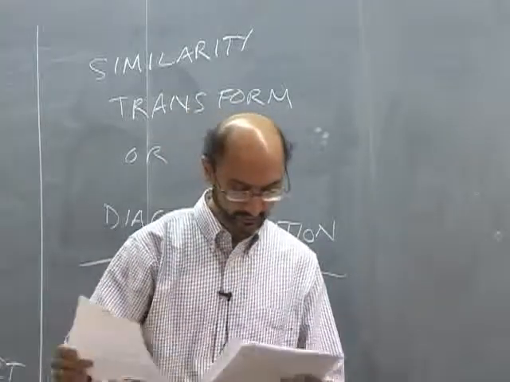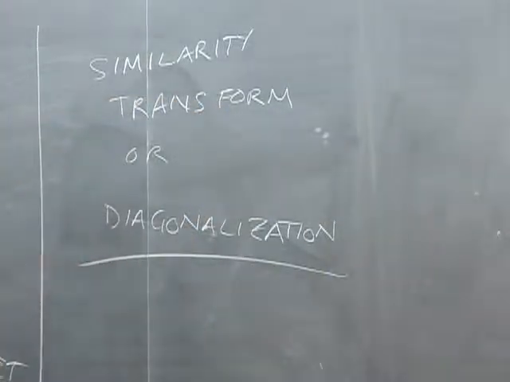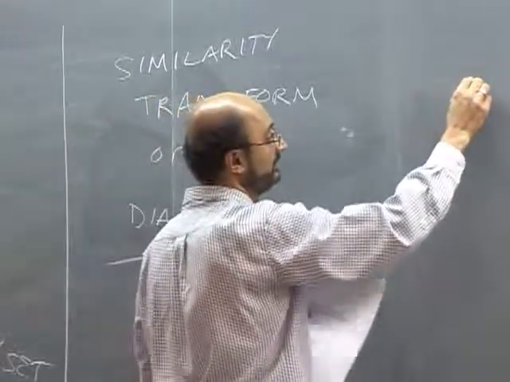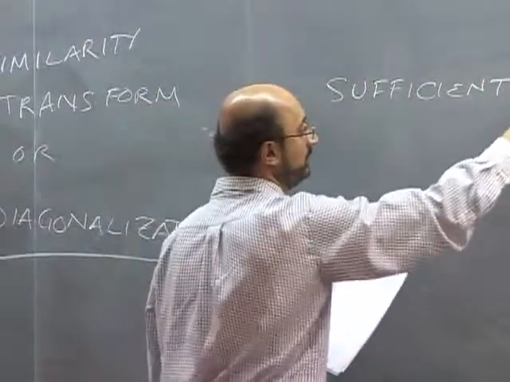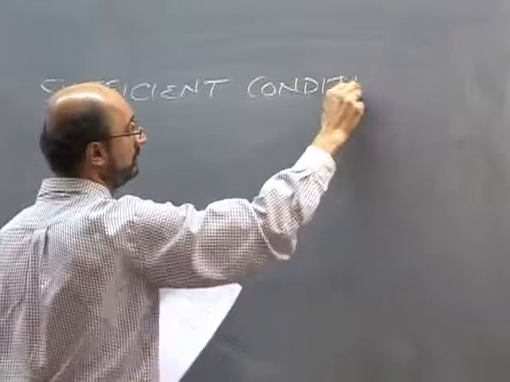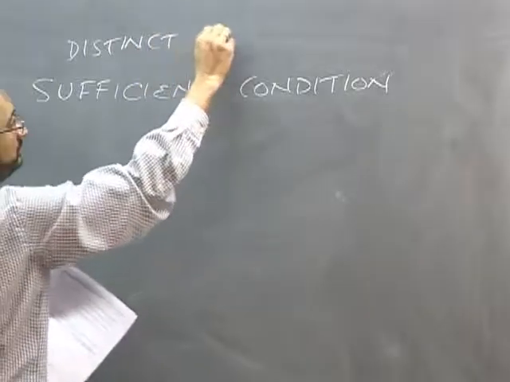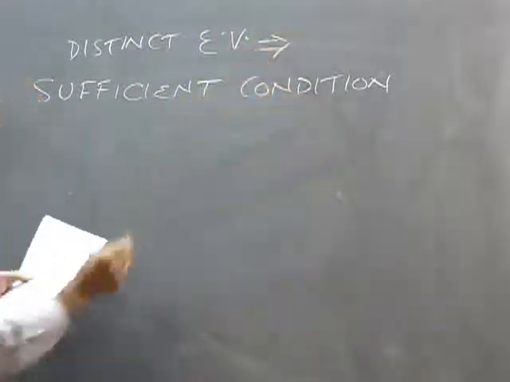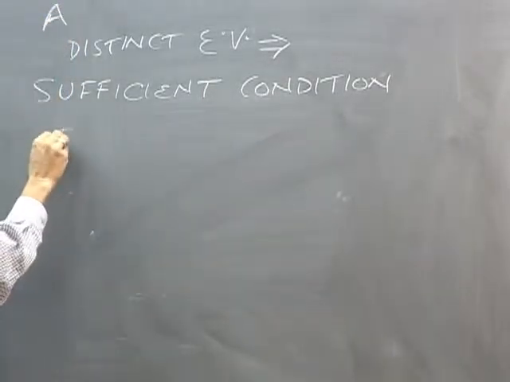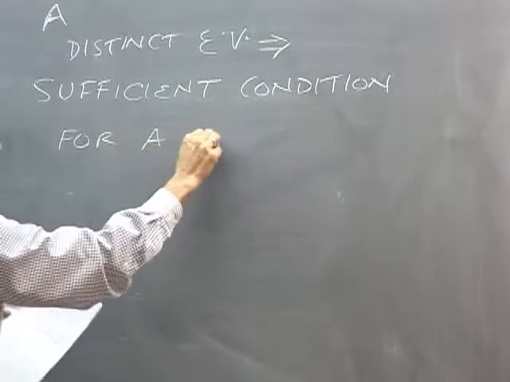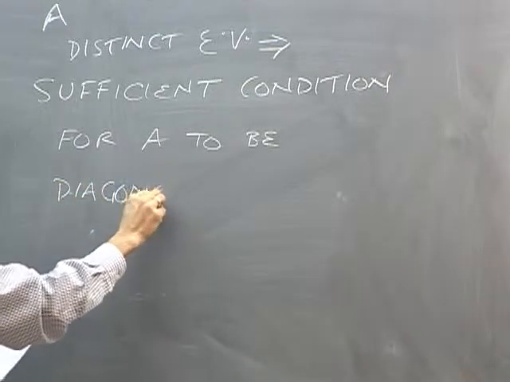So basically, if we have distinct eigenvalues, that's a sufficient but not necessary condition, for A to be diagonalized.